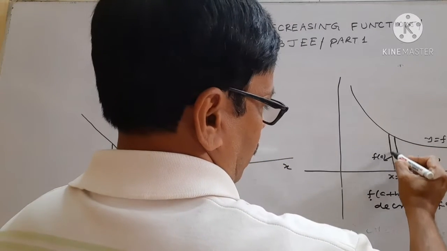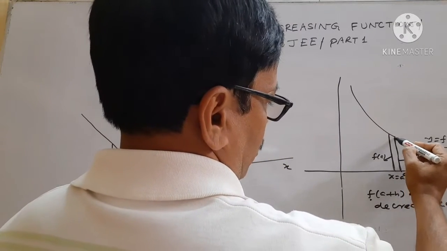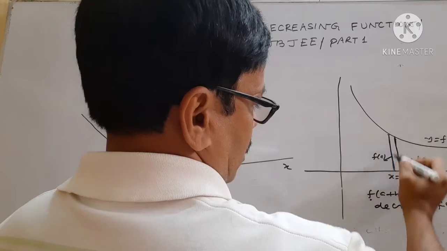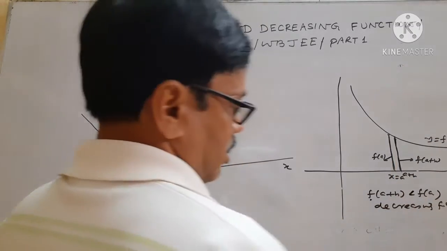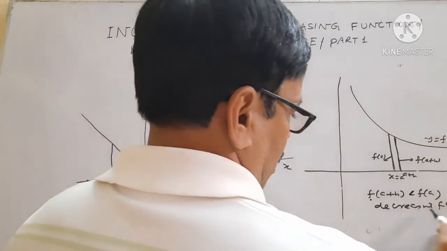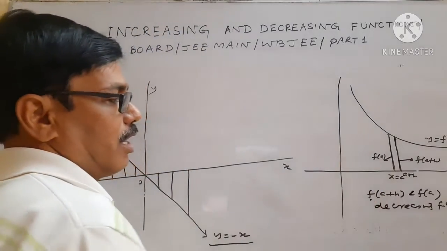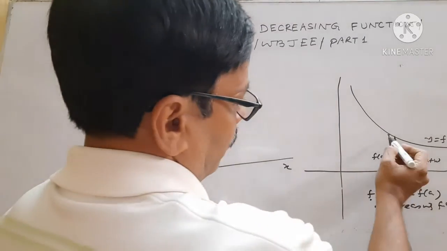This one is f(a plus h) and this is f(a). So f(a plus h) is less than this, decreasing, where h is greater than 0, very, very small.